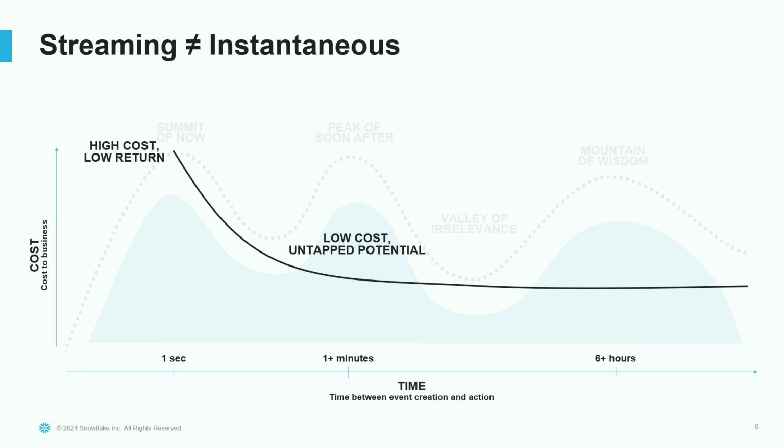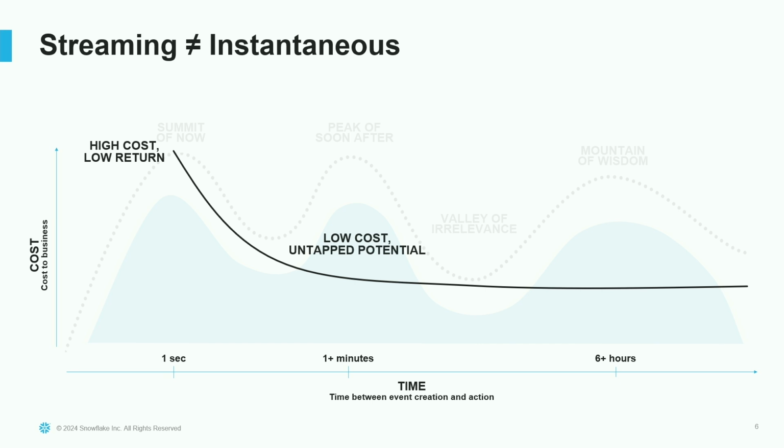So this graph is a continuation of the previous slide. What this shows is the cost to business decreases exponentially as we relax the latency requirements for a given streaming application. What we have seen with traditional streaming platforms is they pigeonhole customers into thinking about applications that require sub-second latencies.